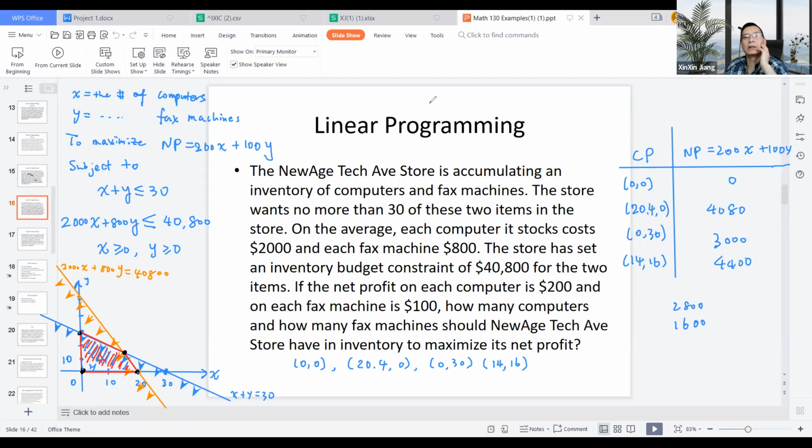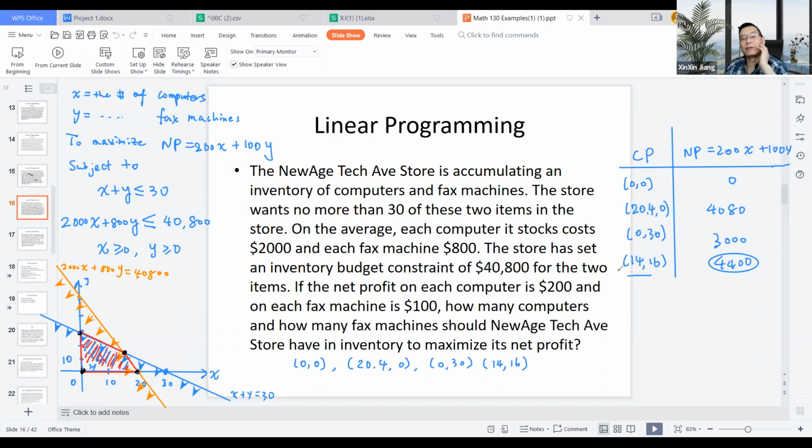And you see, hey, the last one is bigger. So we circle that. This is our maximum. All right, so this is our maximum.